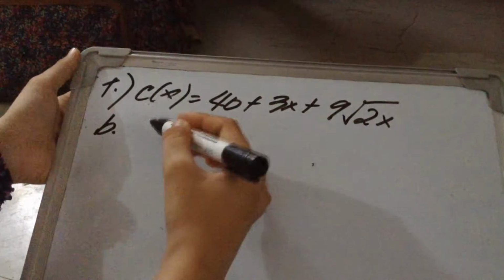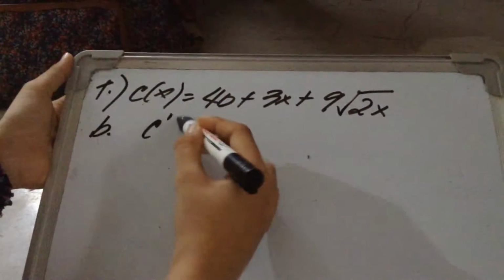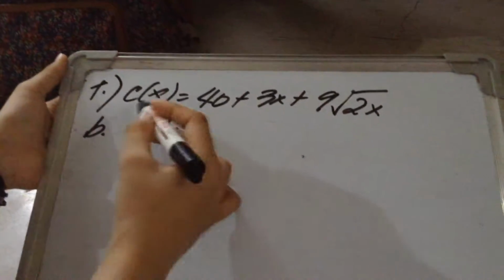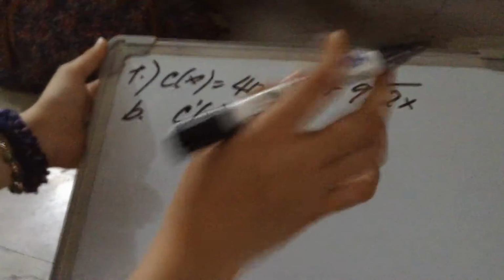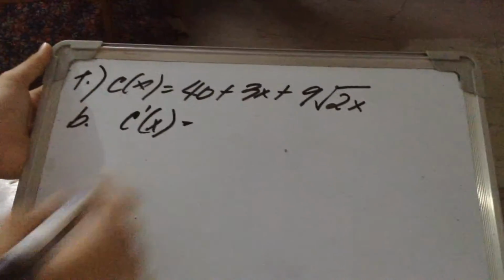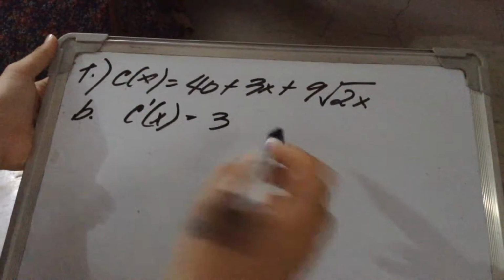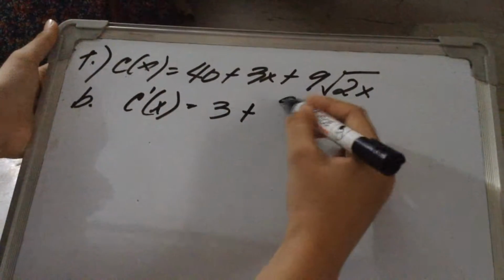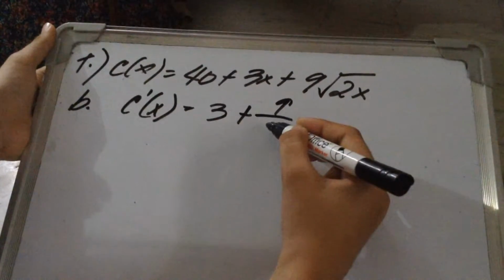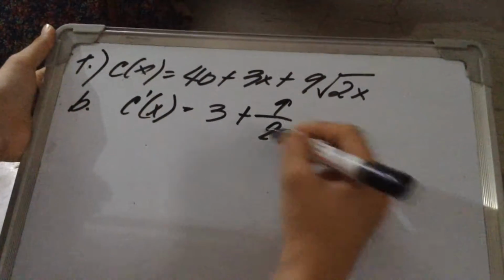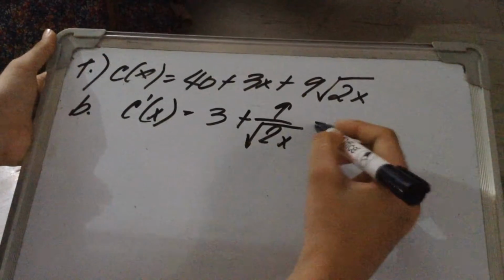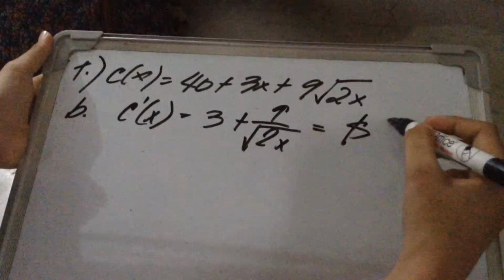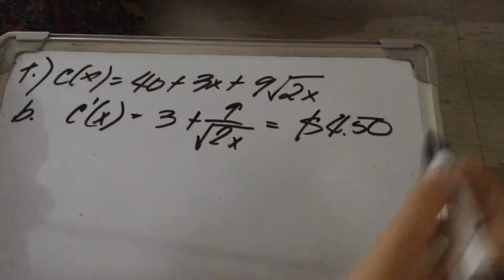Now for problem 1B, since we have solved for the first derivative of the equation, C of x is equal to 40 plus 3x plus 9 times the square root of 2x. The given is $4.50, and we have to substitute that into the derivative: 3 plus 9 over the square root of 2x equals $4.50.